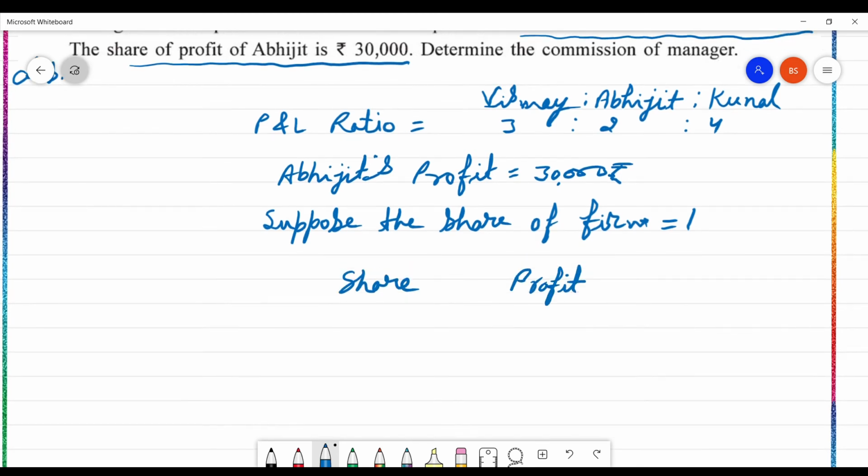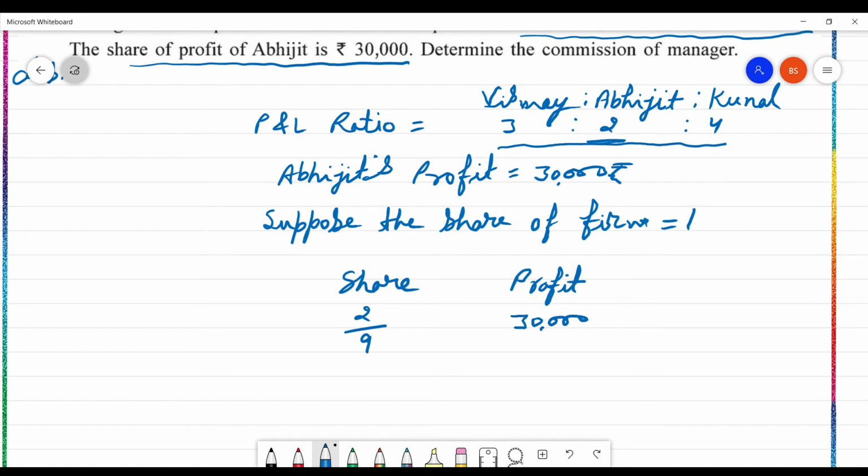What is the share of Abhijit? 2 divided by the total of all the three ratios, 4, 2, 3, 9, that is 2/9. When the share is 2/9, then profit is 30,000.